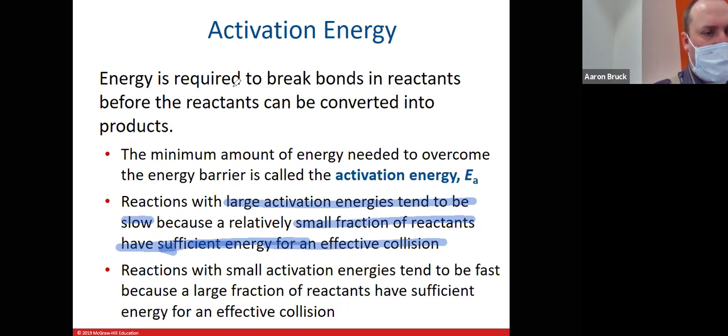By contrast, if I have a small activation energy, those reactions tend to be fast. And the reason they tend to be fast is because they require less energy overall, which means that more of the reactants are going to have sufficient energy overall.